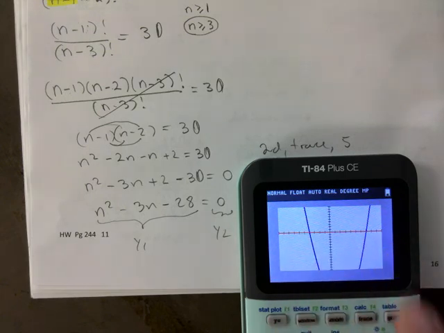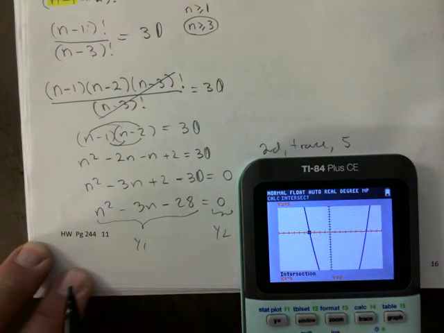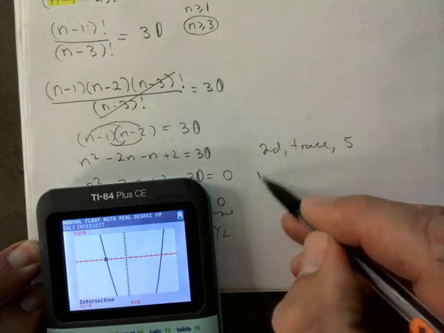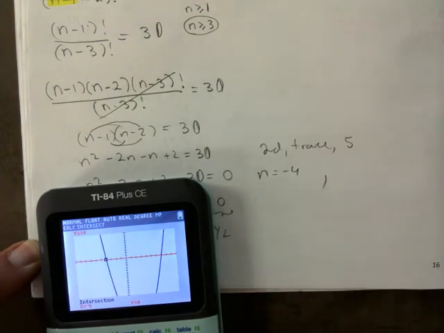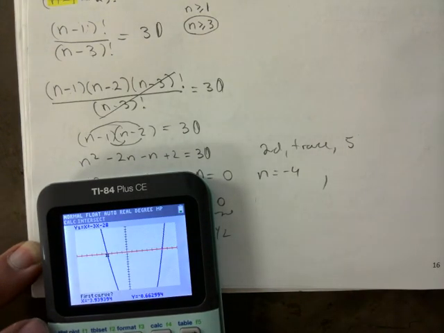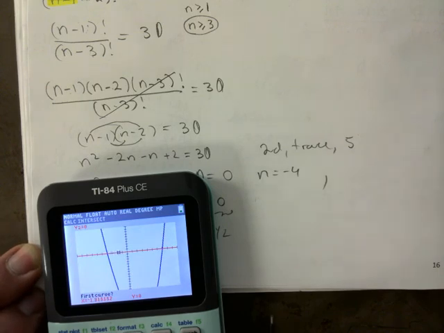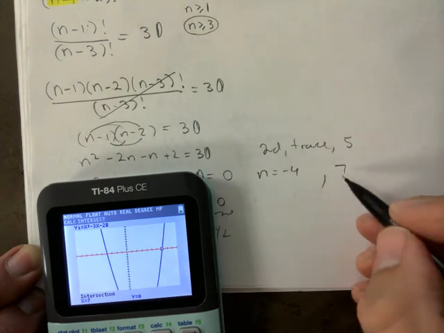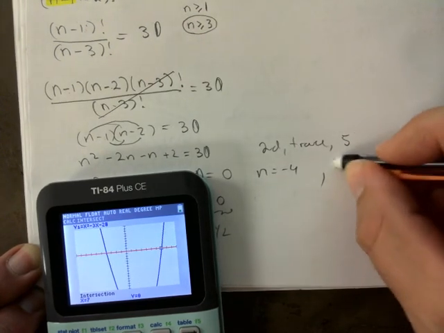There it is. That's all you need to see the x-intercepts. I'm going to go to the left. Enter, enter, enter. That's negative 4. N is equal to negative 4. And the other one is going to be my winner. Enter, enter, enter. That's 7. N is equal to 7, sorry.